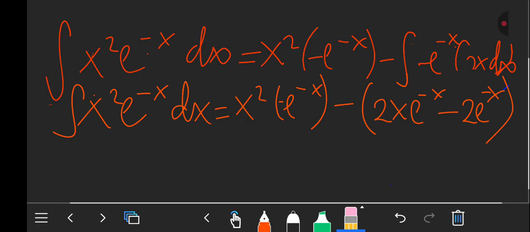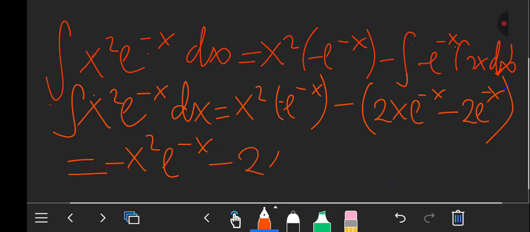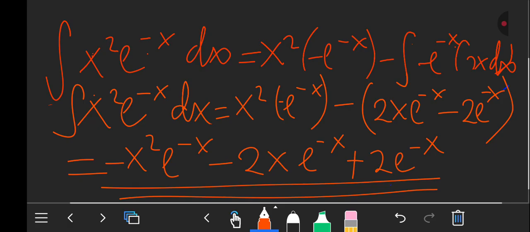Now I can conclude that this will be equal to negative x squared e to the power negative x minus 2x e to the power negative x, then plus 2e to the power negative x. So this is my final answer.